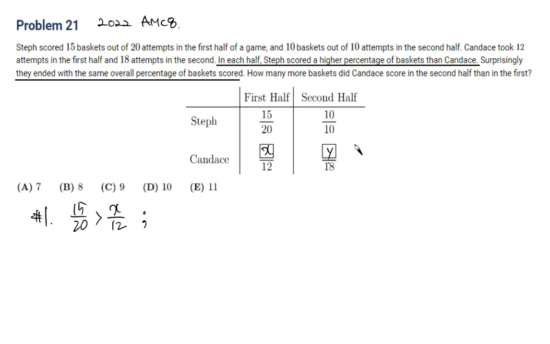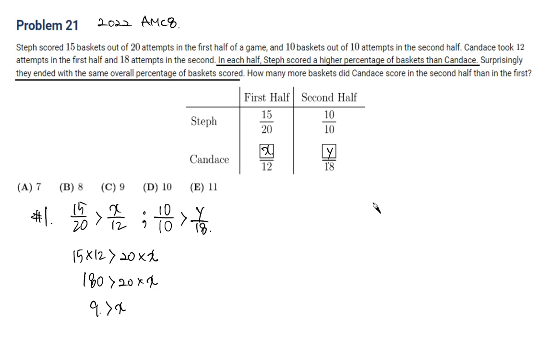And we can set up the expressions as 15 times 12 greater than 20 times X. So 15 times 12, 150 plus 30, so 180, and 20 times X. So X has to be smaller than 9.